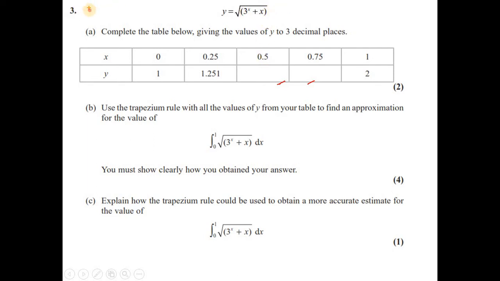So y is equal to 3 to the power 0.5 plus 0.5 and the square root. If you use your calculator, the answer will be 1.494 to 3 decimal places. Similarly, if you substitute 0.75 in place of x, your answer would be equal to 1.741.